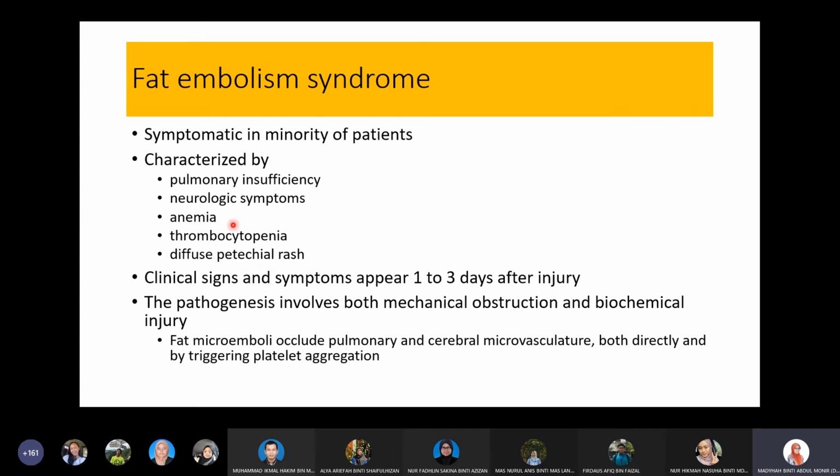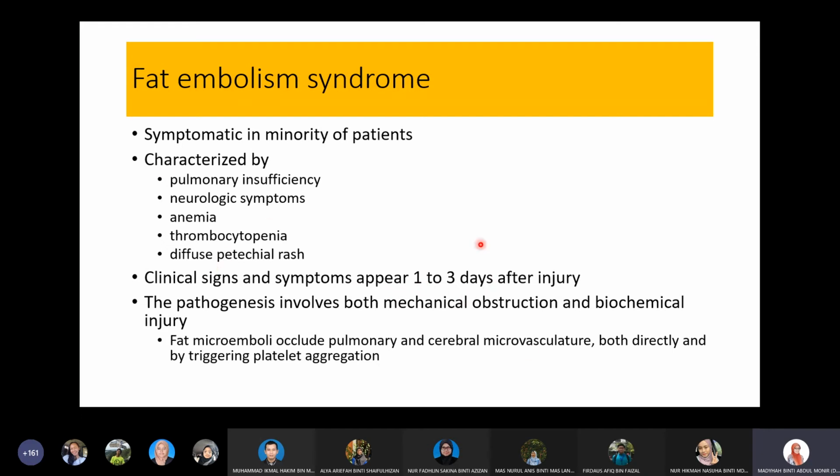When you check the blood result, the full blood count, you can see that the hemoglobin level is low, anemia, and the platelet count is also low, thrombocytopenia. When you examine the patient, you see diffuse petechial rashes. All these usually appear 1 or 2 days after the injury.